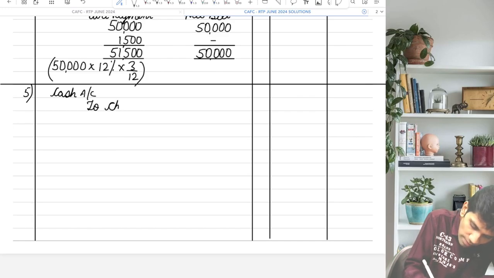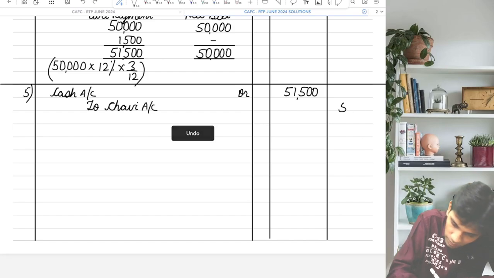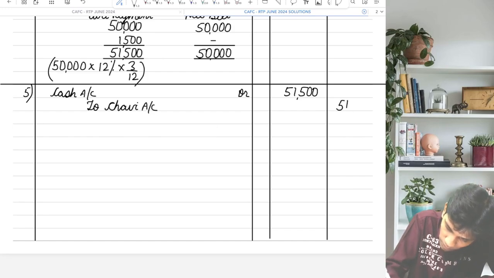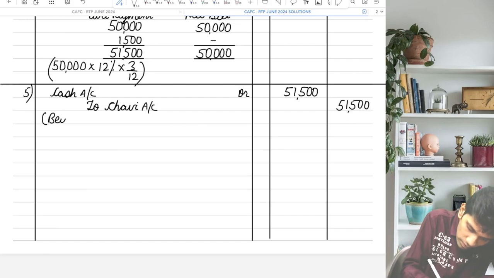You can use the word bank also. 51,500. Being part payment received.